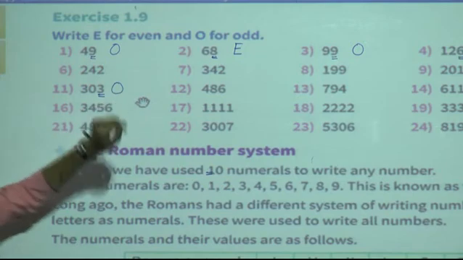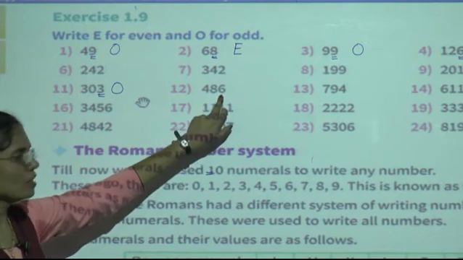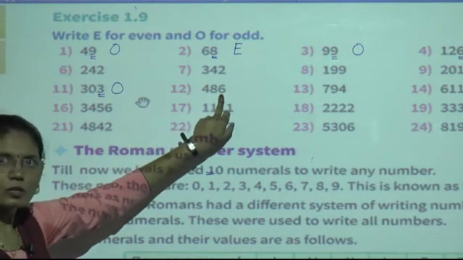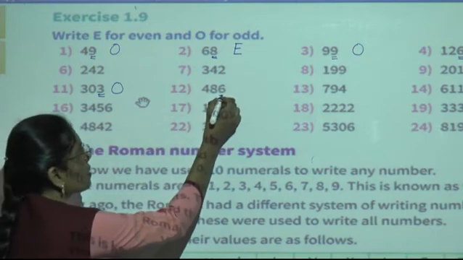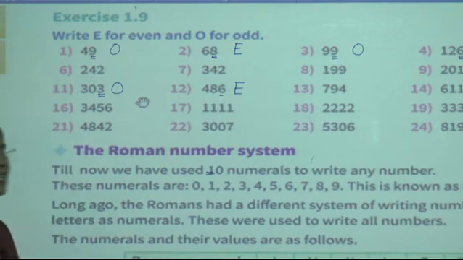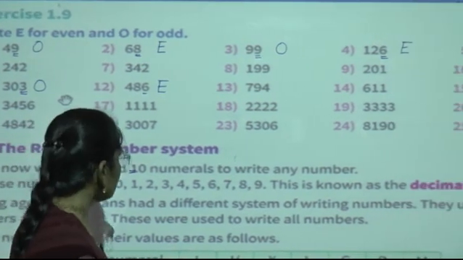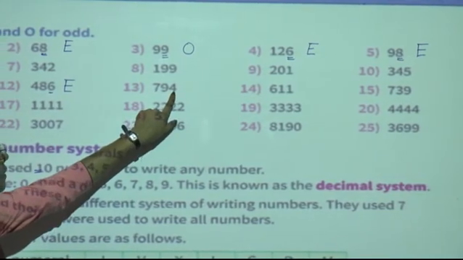O means odd. Now see this 486. See, at ones place which number is there? Yes, 6 is there, and 6 is an even number. So 486 is an even number. Now see another example, 794.